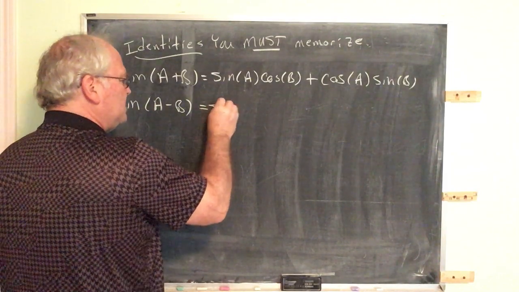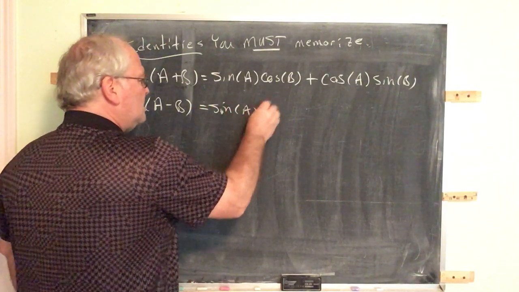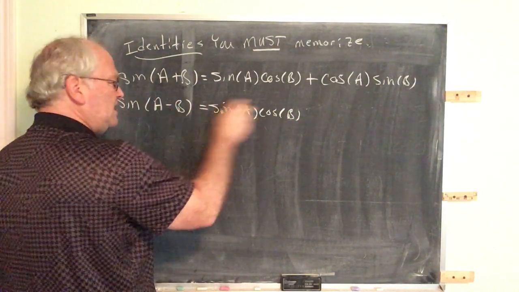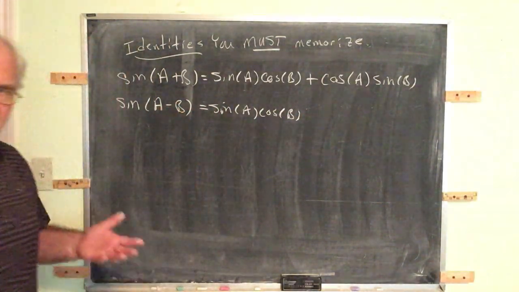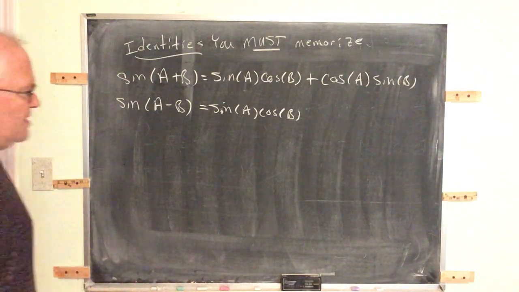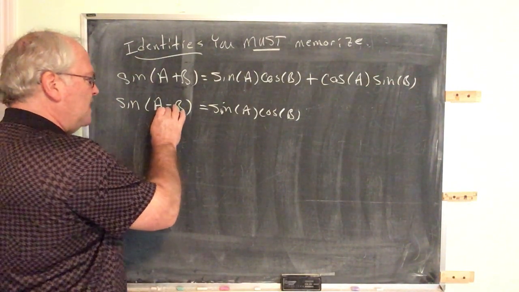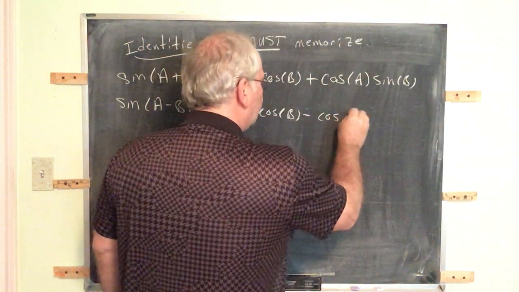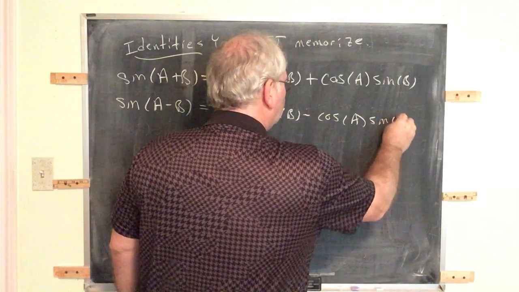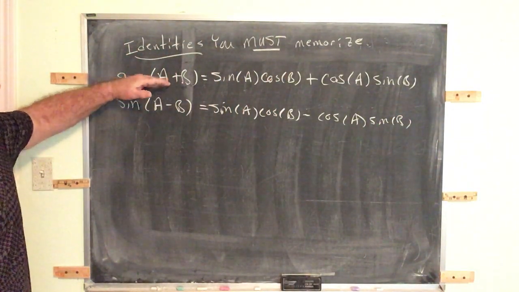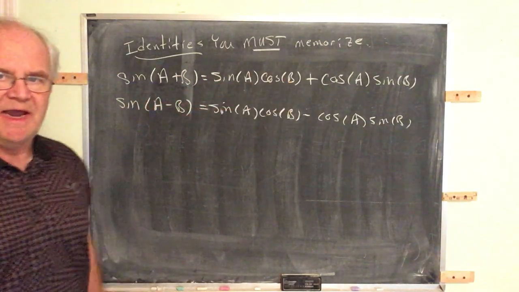Sine uses the same sign. My memory device as a student was that sine is the same sign. You'll see how that comes into play here in just a bit. So sine of A minus B is sine, cosine, cosine, sine, with the same sign.